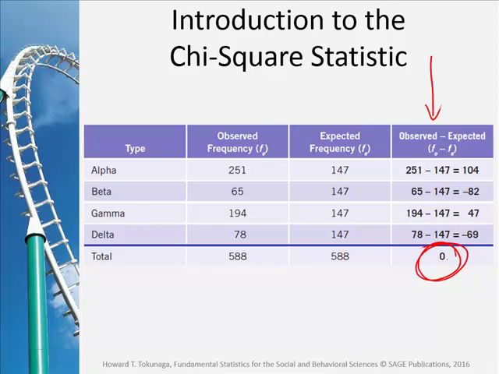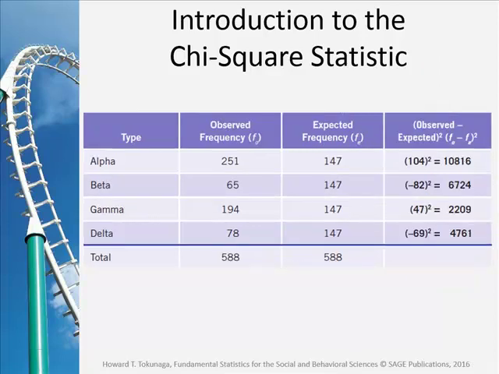So how do we traditionally solve this problem of having all of our numbers cancel each other out? Square. Yeah, we square them, because squaring them takes away the negative sign.